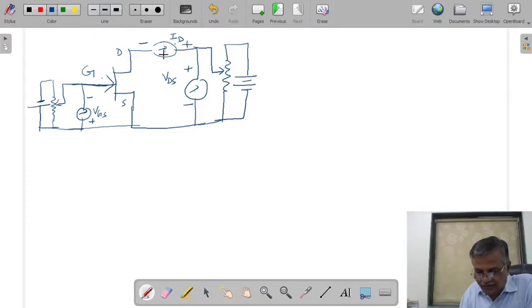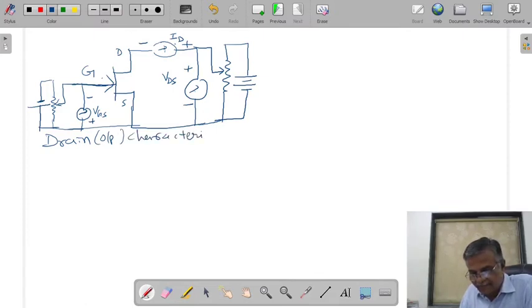First, I want to take the drain characteristics, or output characteristics. Keep VGS 0. I am giving VGS 0 volts. So 0 means you can switch off this power supply, meaning VGS is 0.